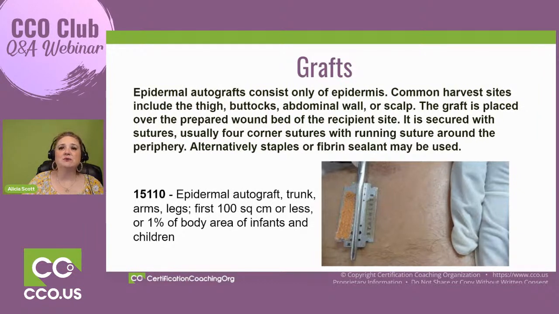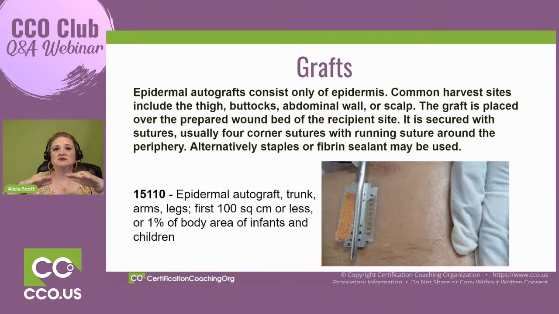Then it's put on the recipient, and they actually sew this on at four corners. They'll tack down the four corners first, because this comes out in a square, and then they'll do a running stitch all the way around, and it's very delicate sutures.